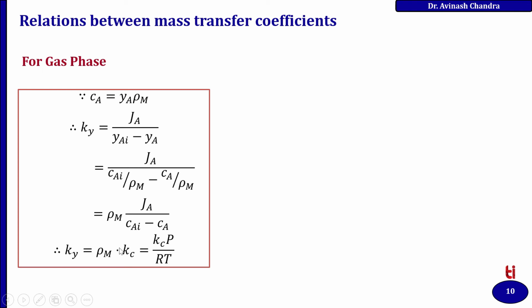So, Ky is equal to rho m multiplied by Kc, and if you convert this rho m by using the ideal gas law, it will be written as P upon RT. In that case, Ky will be Kc multiplied by P upon RT.